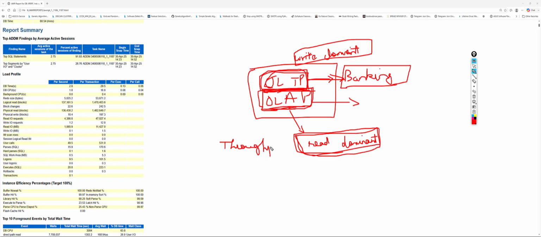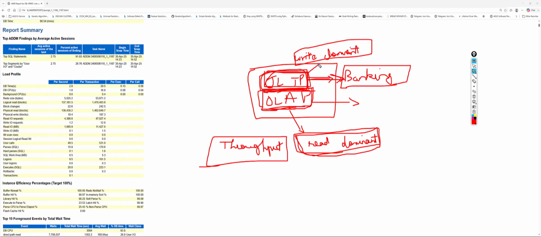The amount of processing or work done in a given amount of time. It does not focus on the response time, but OLTP completely focuses on the response time, right? How much time the transaction takes to process is very important in any banking system.